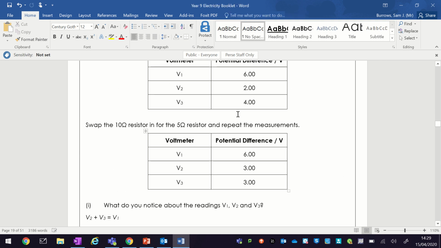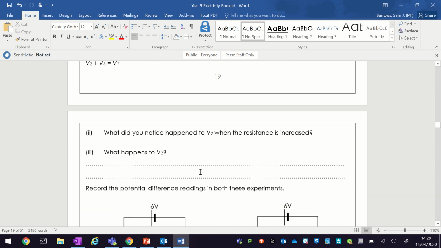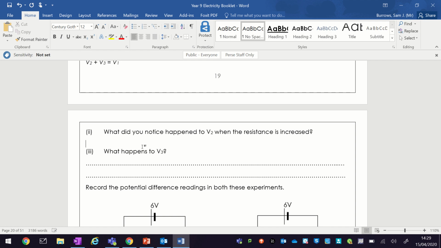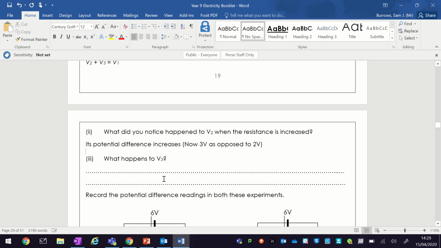And we're comparing V2, so you can see that. When we change V2 from a 5 ohm resistor to a 10 one, you can see it increase. So it's now 3 volts. So that's our actual data evidence there.